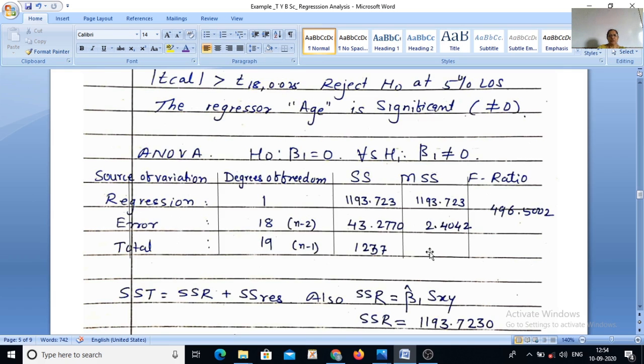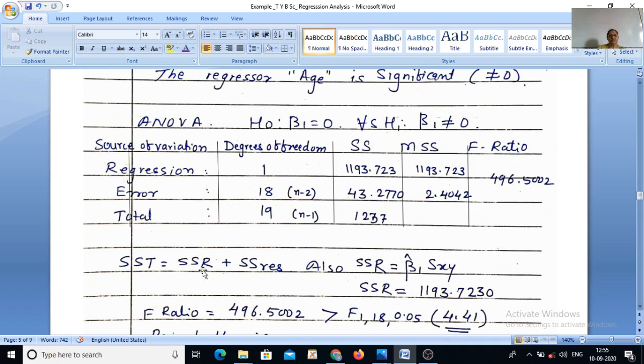Now we are going to compute the F ratio, that is the ratio of two variances, okay. It is the mean sum of squares for regression upon the mean sum of squares for residual, which follows the F distribution with 1 and n-2 degrees of freedom, okay. So SST, the total sum of squares, is equal to the sum of squares due to regression plus the residual sum of squares, okay.